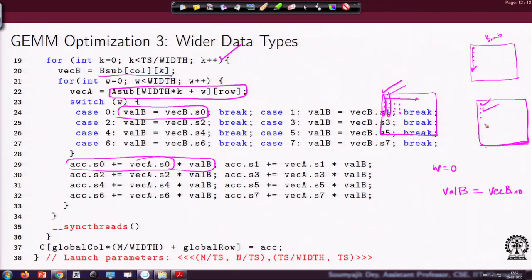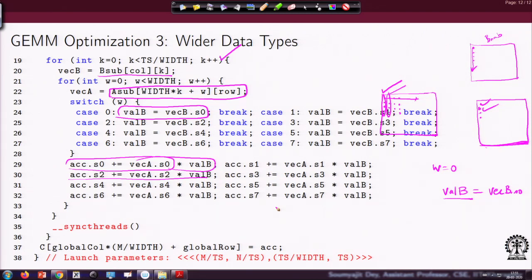As you can see right now, for all the other components also, let us say this component, I would need vec a's component S2. So, let us say the third component, that is S2, I would need vec a's S2 component to get multiplied with S0, which is already in val b. That is what takes place here, and similarly for all the components. I hope we are making some sense here.